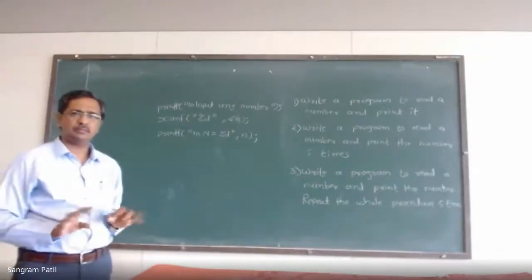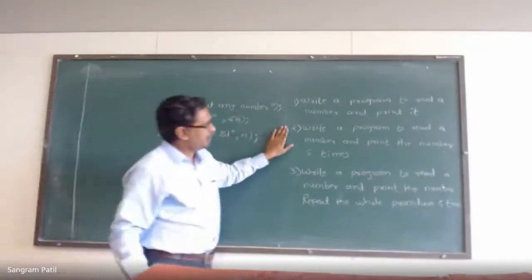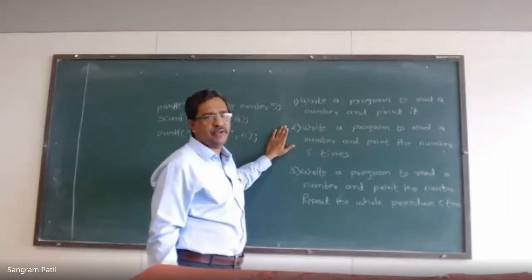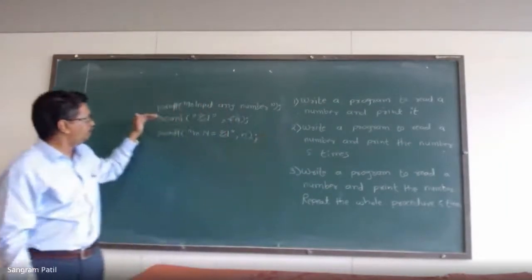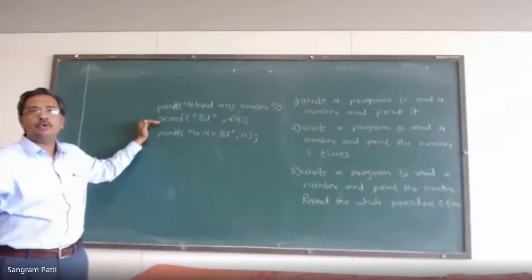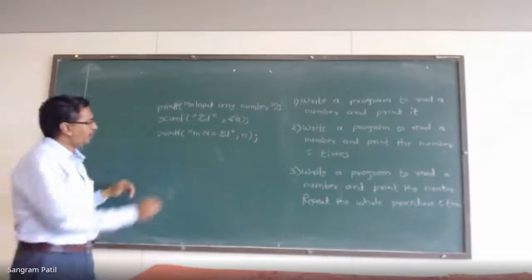Now the second question is, write a program to read a number and print the number 5 times. Whatever number is inputted, I want to print that number 5 times.